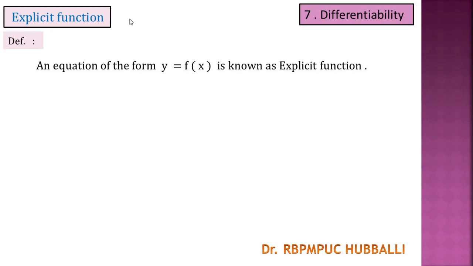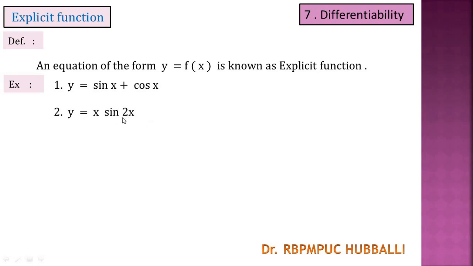The function f of x may be composite or standard function, product, division, or single function, whatever. If it is only an x variable function, then it is called explicit. For example, y is equal to sine x plus cos x. Here you can see that on the left side we have only y, and on the right side an x variable function, sine x and cos x with addition. So this is an explicit function.